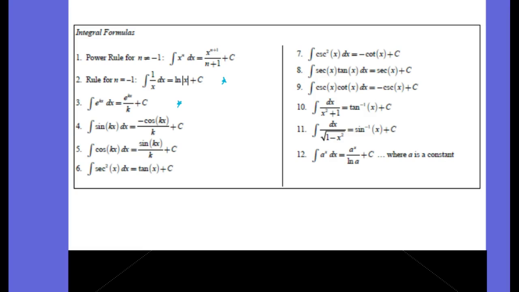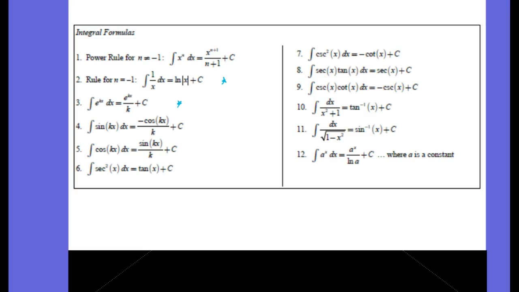So just to reiterate, we have our rules once again. Power rule says you add 1, divide by your new power. The rule for 1 over x tells us it's ln x. E to the x is e to the x. And then if it has a constant with it, it's e to the kx all over k. Same with all the trig functions.